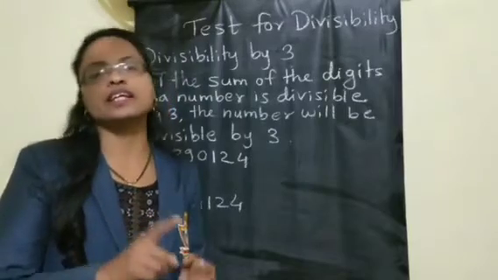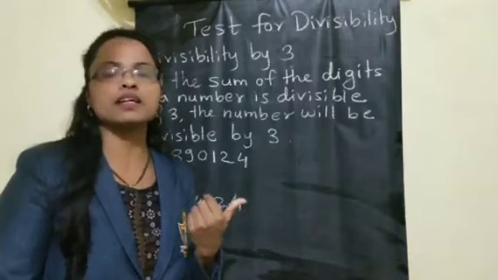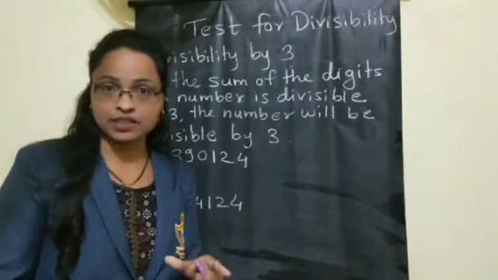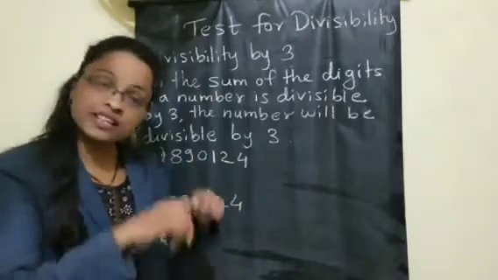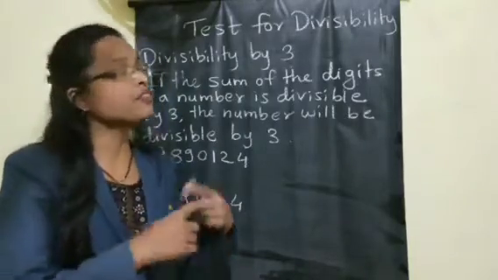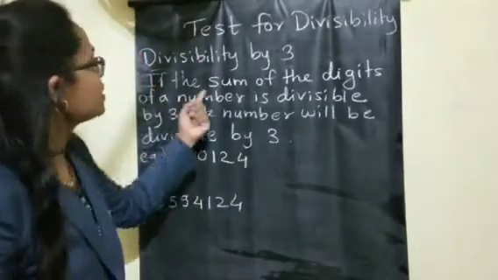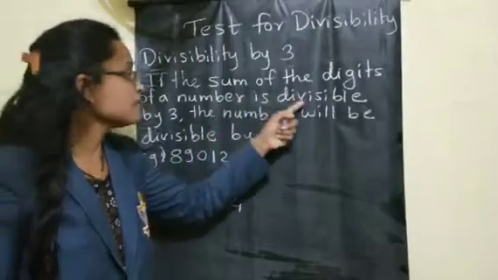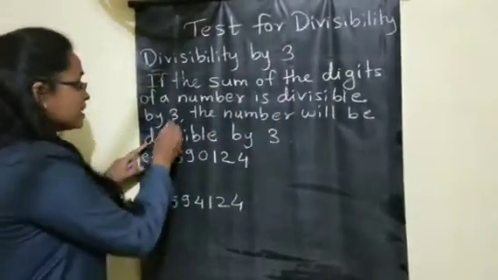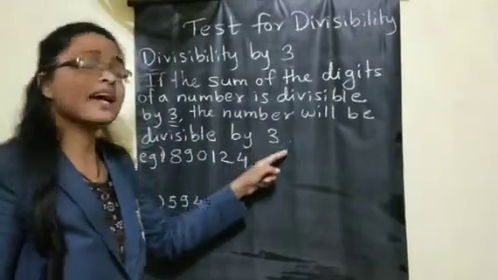After getting the total, if the total is divisible by 3, exact division meaning remainder is 0, then that full number is divisible by 3, children. See here, if the sum of the digits of a number is divisible by 3, the number will be divisible by 3.